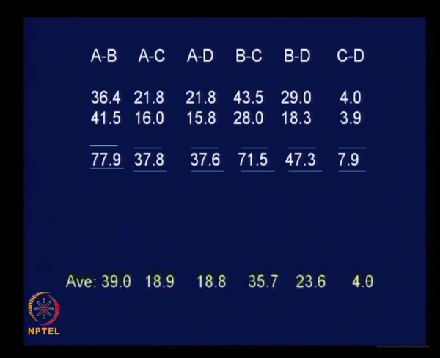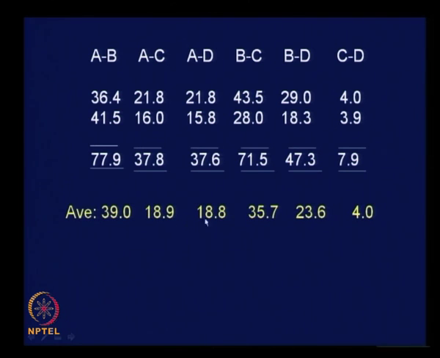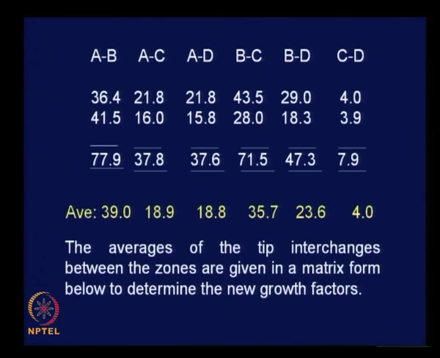The simple method is to add up and get the average values, and take this as a common value for both AB as well as BA, and this as a single value for AC and CA, to proceed with the next iteration.